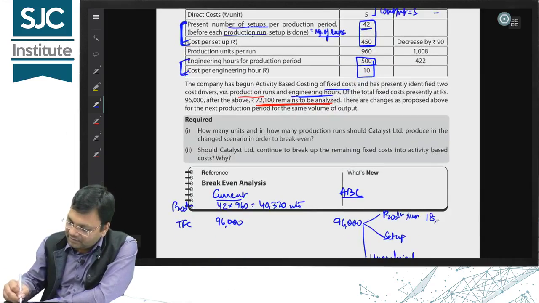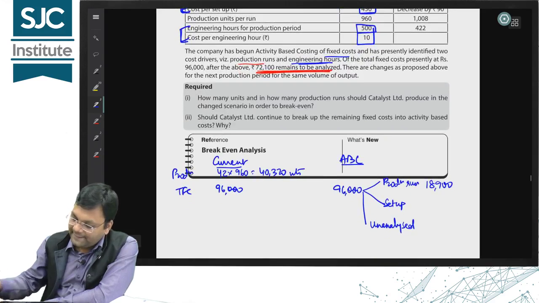Sorry, this is the engineering cost, here it is 5,000, and unanalyzed remains at 72,100.